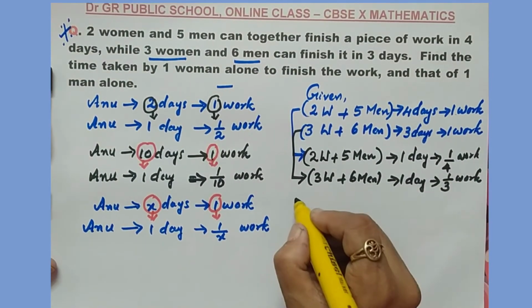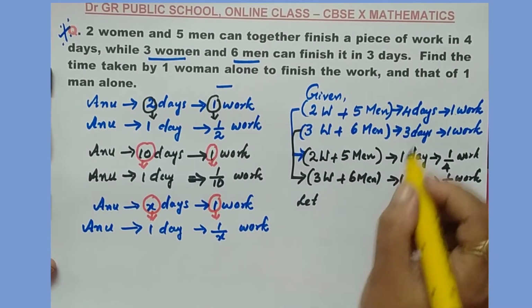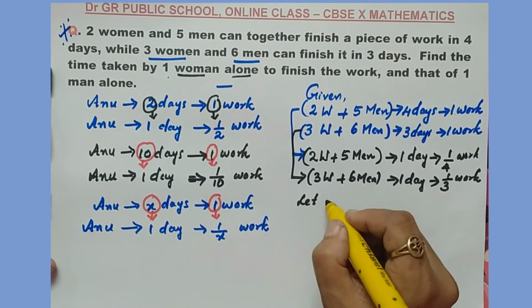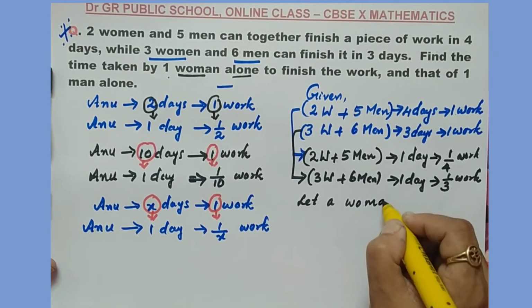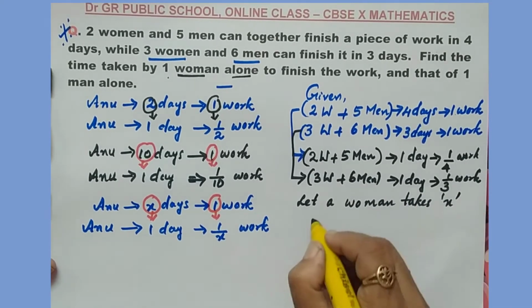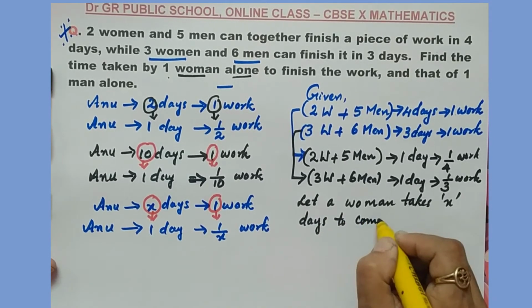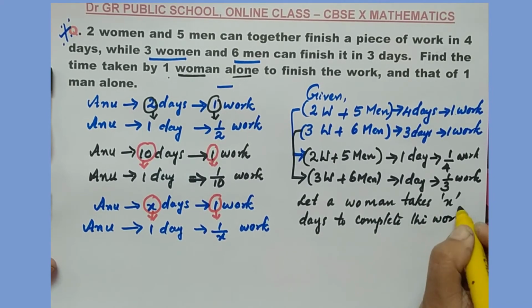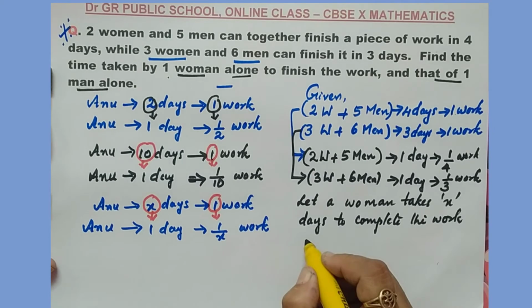I am going to suppose, let us find the time taken by one woman alone. So let a woman take X days to complete a work, and that of one man alone.